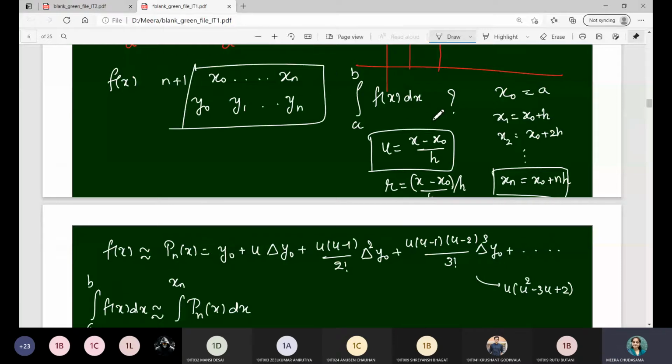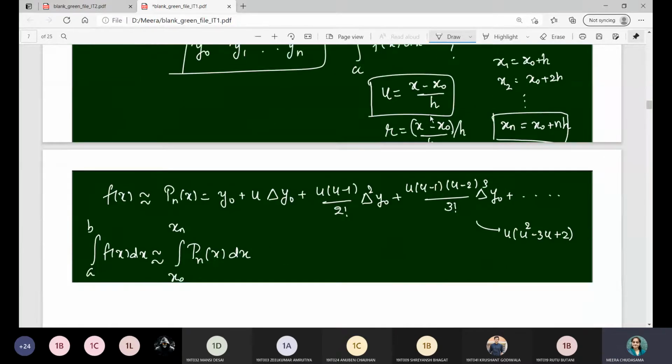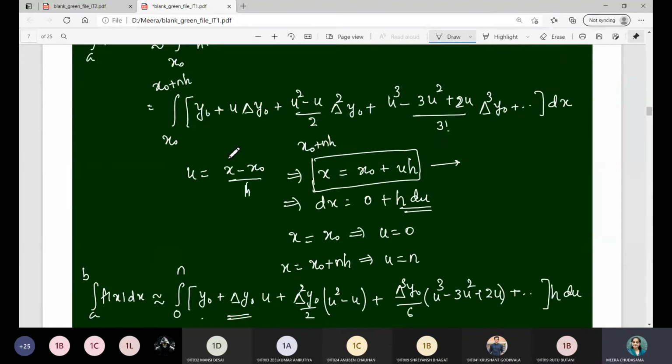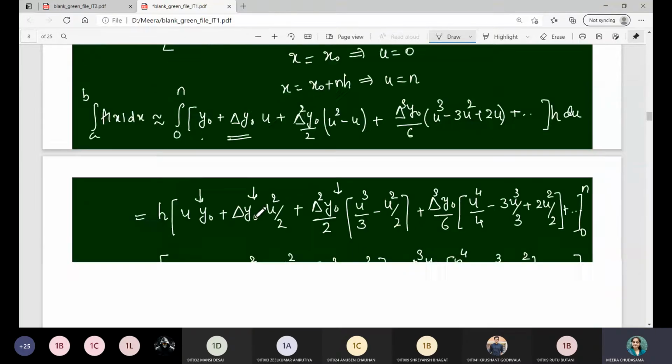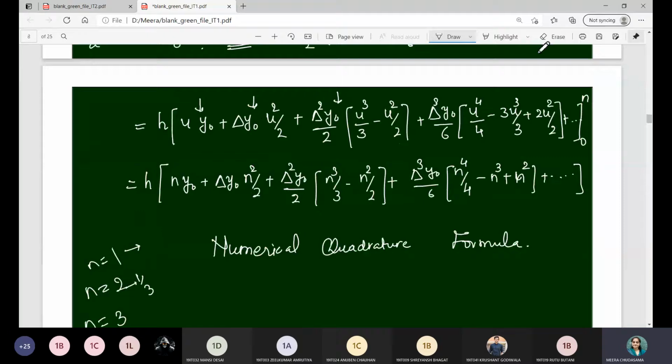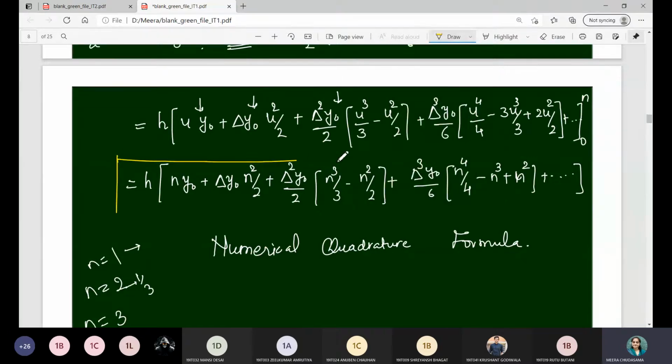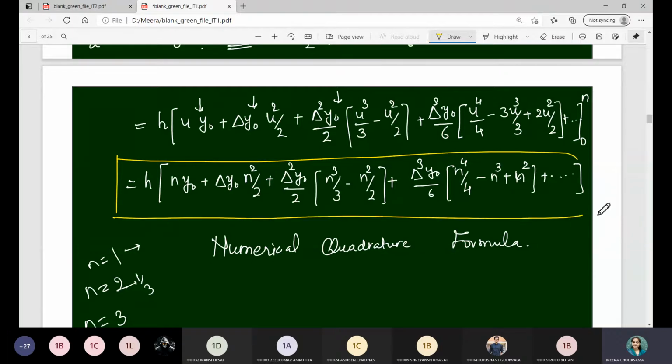Suppose these n plus 1 data points are given, then we can always approximate the function via an nth degree polynomial, which we have used as Newton's forward interpolation formula. Therefore, the integral will become, by a transformation, this one. This is the last obtained expression, which is called Newton's quadrature formula, right?